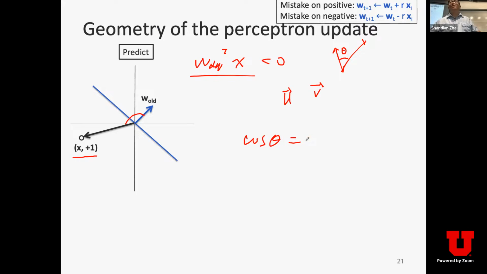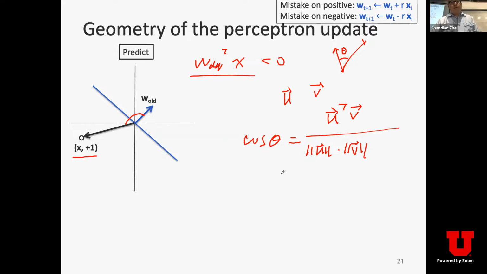This is equal to the dot product between u and v divided by the norm of u times the norm of v. The norm here in Euclidean space means just the length of the vector. This is just a known formula that I believe everyone has learned before, maybe a long time ago.